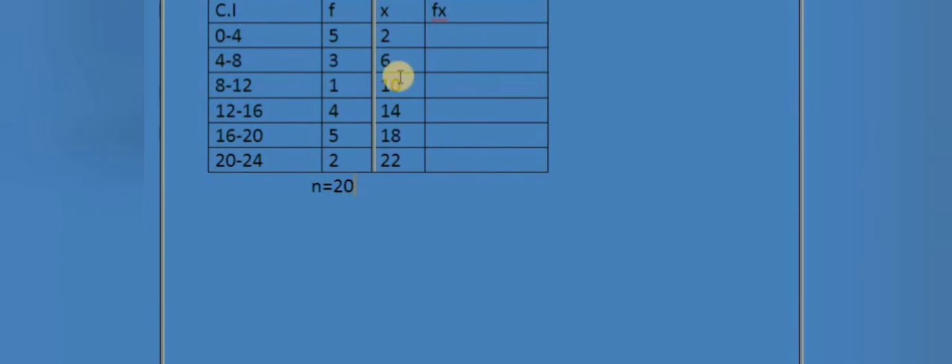And the last column is fx. What is this fx? By multiplying the f column and x column we get fx. See, first number 5 and second number is 2. 5 2s are 10. In the column of fx we will write 10. Next 3 6s are 18. 1 10 is 10.